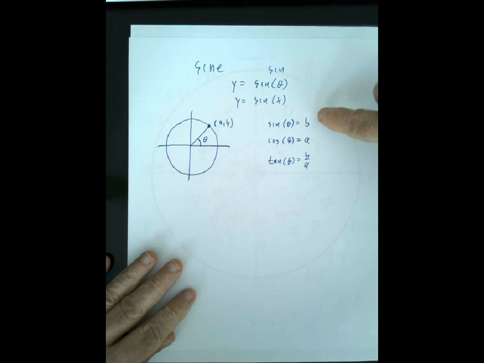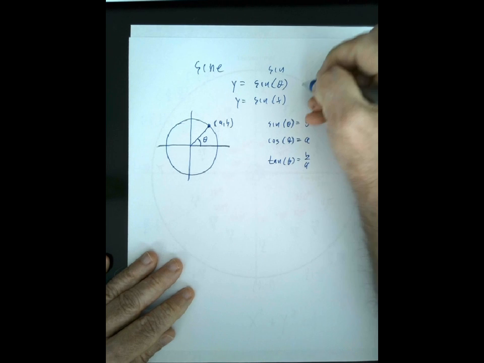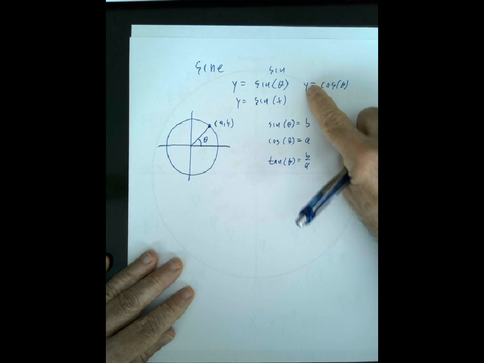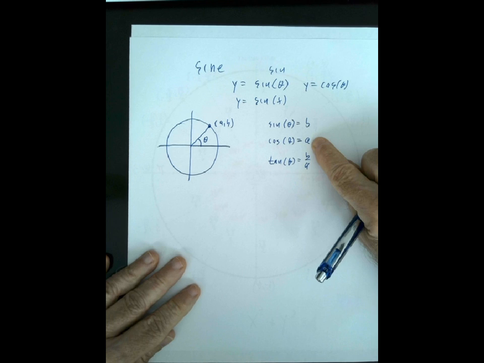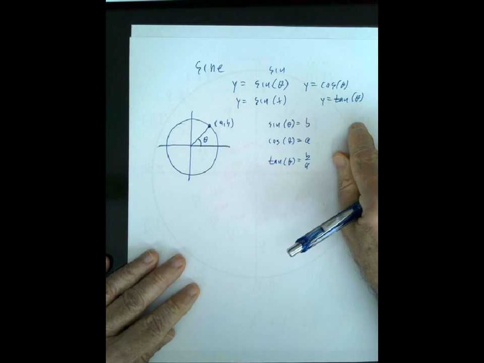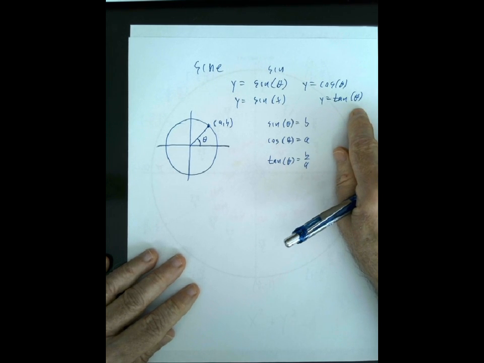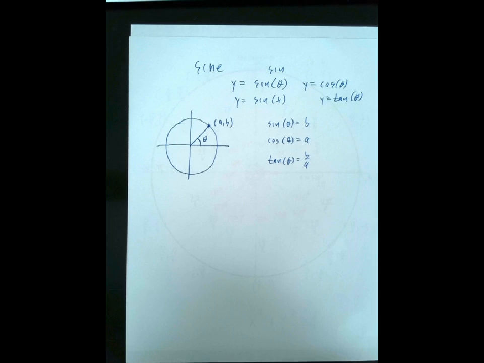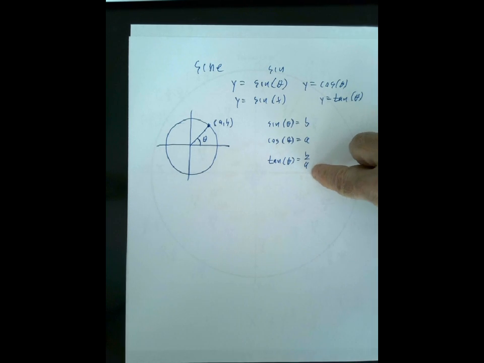The y value, if it's sine, is B. If it's cosine, the y value is the A coordinate from the unit circle. And if it's tangent, the input is still the angle measure, and the output is the ratio of B over A. It's how, in the right triangle trig ratios, the tangent becomes the sine divided by the cosine, opposite over adjacent.